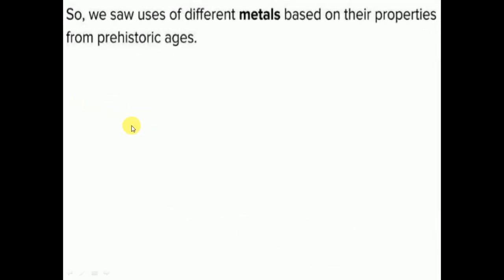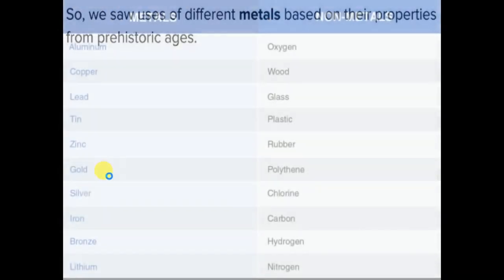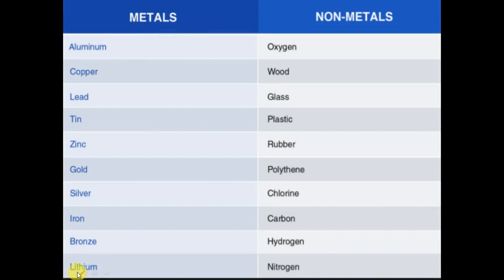So we saw that different sets of metals, depending on their properties, were used in the prehistoric ages, meaning in ancient times, people were using different metals to make their weapons.